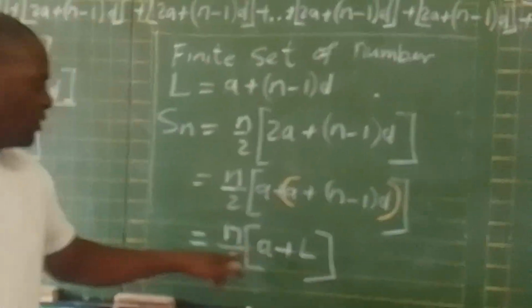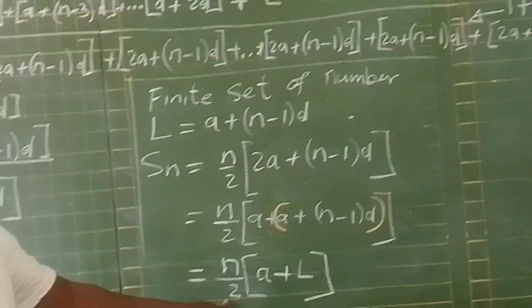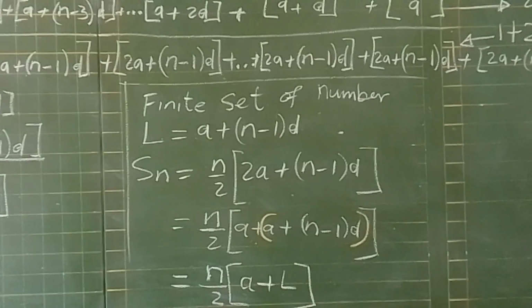When you add them, you multiply by the number of terms, provided that you are given, you know them, you divide by 2, you are going to get the sum.